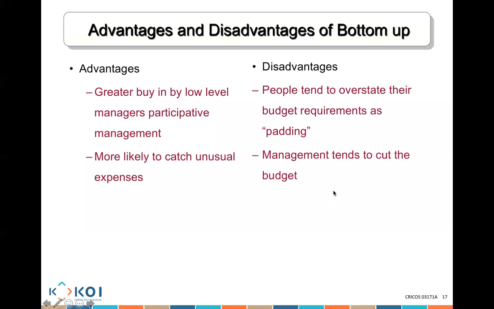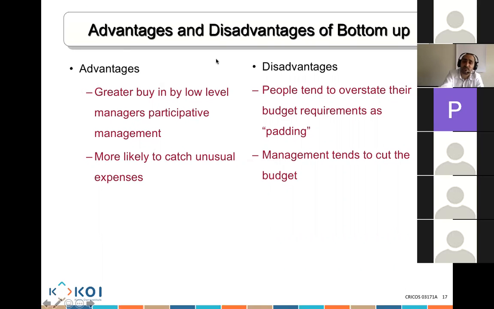The disadvantage, however, is people tend to overstate their budget requirements as padding. They'll say, okay, it's going to take me a bit more. That might be an issue, and that could happen. And management tends to cut the budget. So I add more, management cuts my budget, I add more, management cuts my budget. So there are all of these conflicts that might happen when using that process.